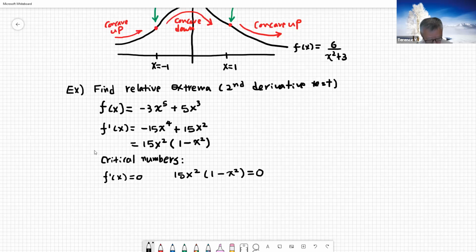Why don't we just divide both sides by 15x squared? Then we have 1 minus x squared equals 0. So that means x squared equals 1.